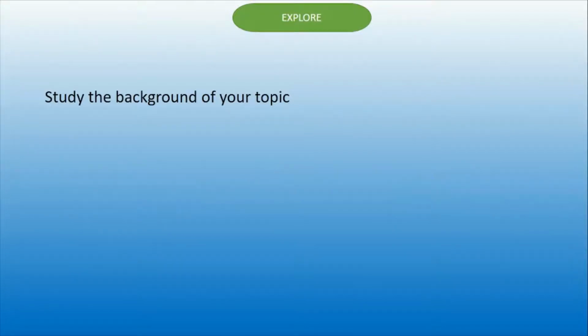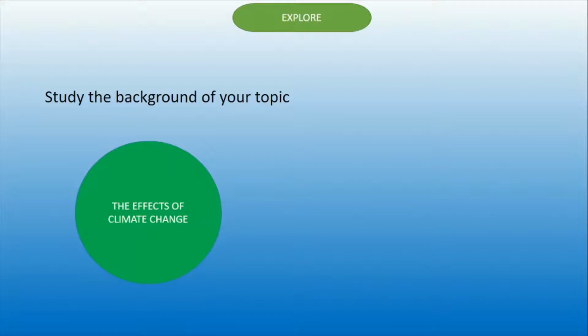For example, there are a lot of research papers that have been written on the effects of climate change. You Google them, you find a lot of research papers written on the effects of climate change. But then, are there enough research papers written on the effects of climate change in a certain location, for example? Or maybe in the area where you are?